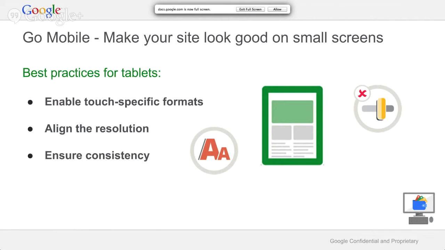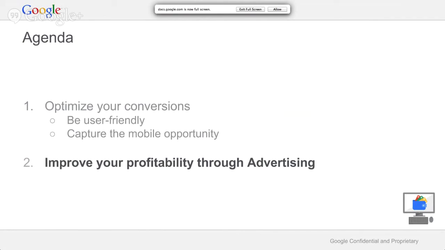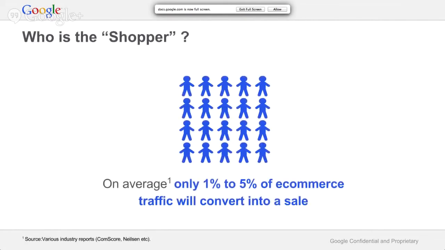Now that we've been giving you some tips on how to improve your on-site conversions, well, we want to start talking a little bit on how you could improve your overall profitability through advertising. Now, we've been talking about the user and how he converts on your website, how he behaves and interacts with the different items on your website.